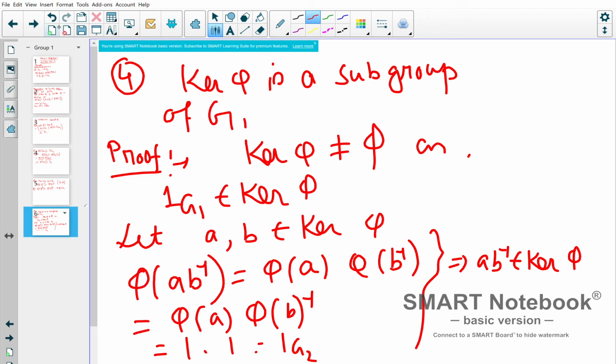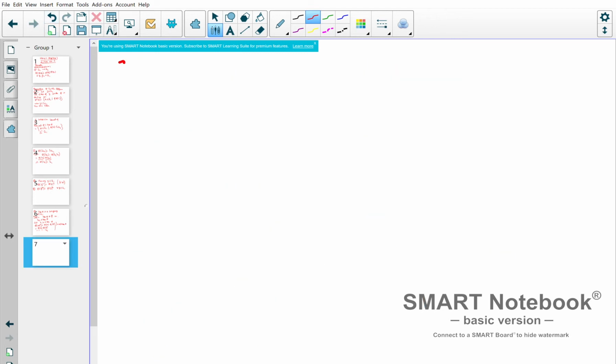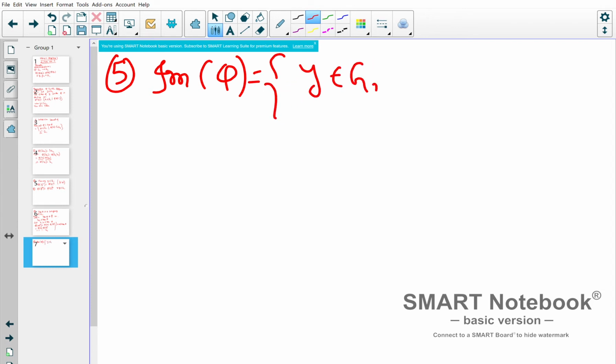Similarly, you can define another set called the image of phi. So what is the image of phi? The image of phi is all those y belonging to G2 such that phi of x equals y for some x belonging to G1.